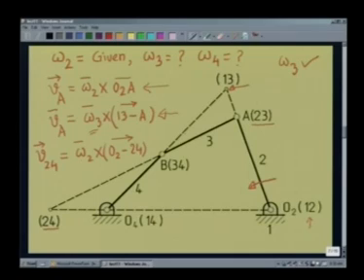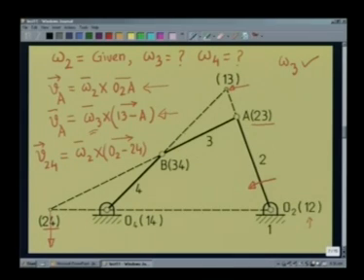As omega 2 is given, I can find out the velocity of this point. For counterclockwise velocity of link 2, it will be in this direction perpendicular to this line, and the magnitude I can find out. Now let me consider the same point 2, 4 as a point on body 4, and I must get the same velocity.